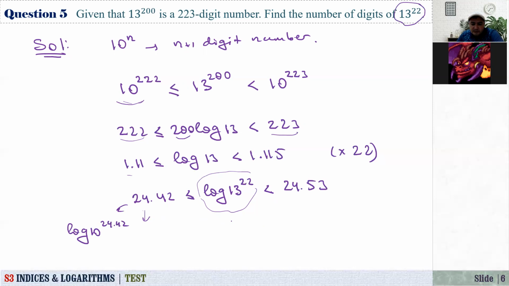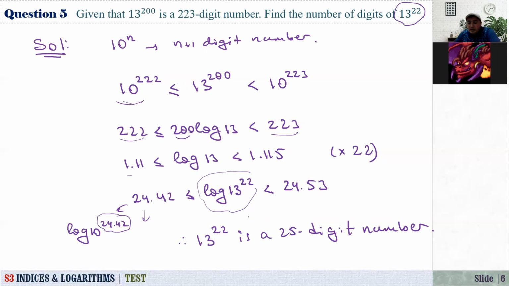So that means that 13 to the power of 22 is a 25-digit number. Because the power of 10 is between 24.42 and 24.53, it is a 25-digit number.